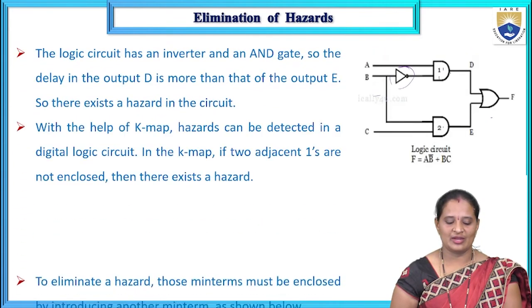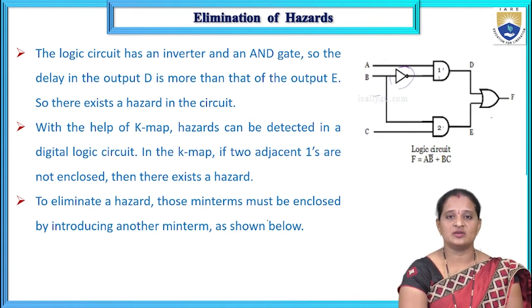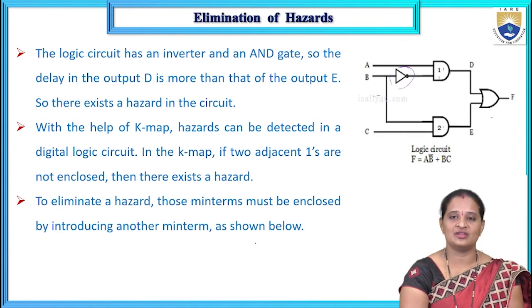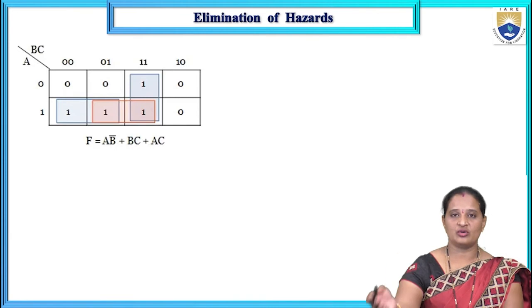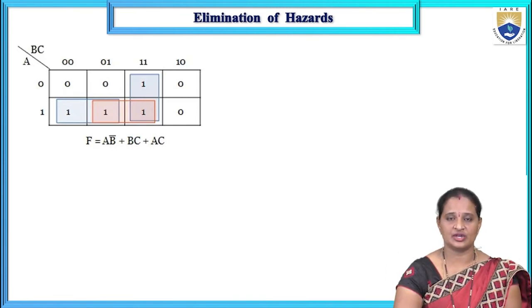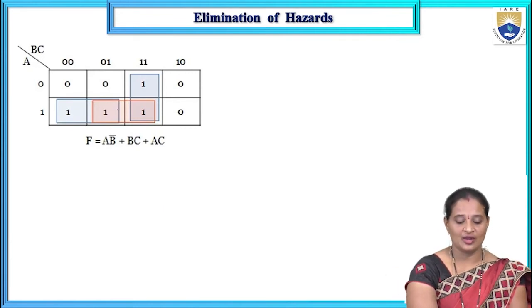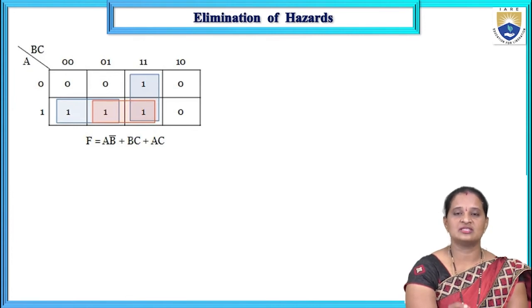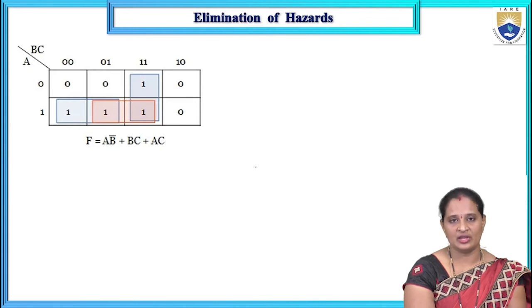In order to eliminate the hazard, those minterms must be enclosed by introducing another minterm as shown below. So in order to eliminate that hazard which leads to the malfunctioning of the circuit, even though it is not required, we should enclose those two minterms together such that another term is included in the given Boolean function.